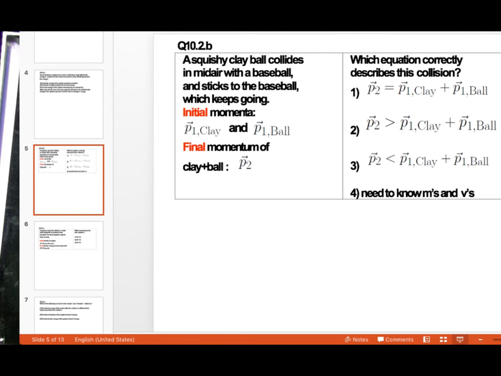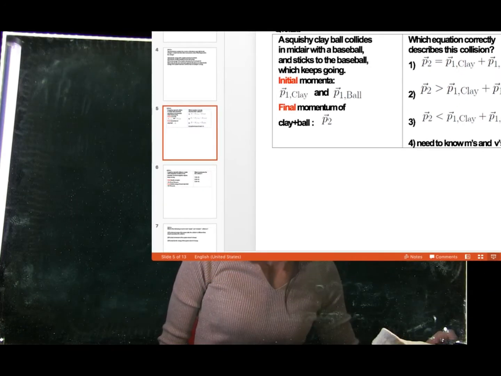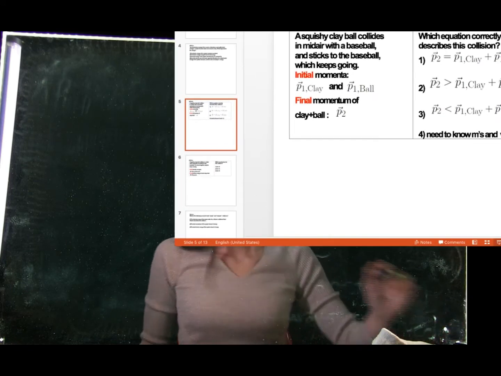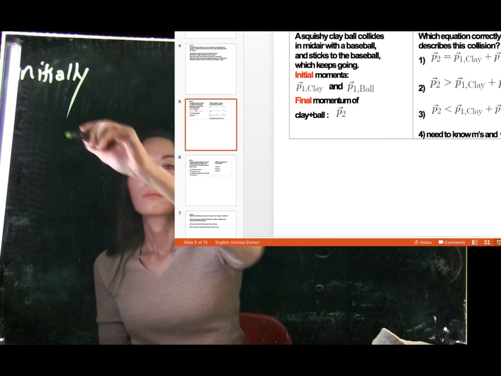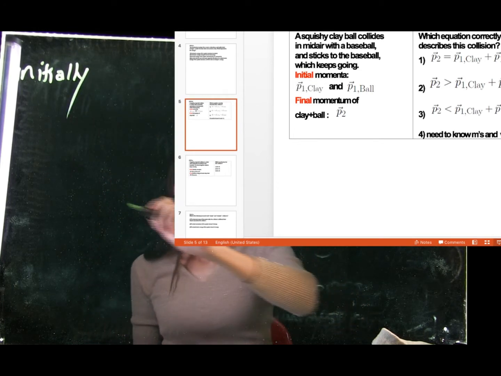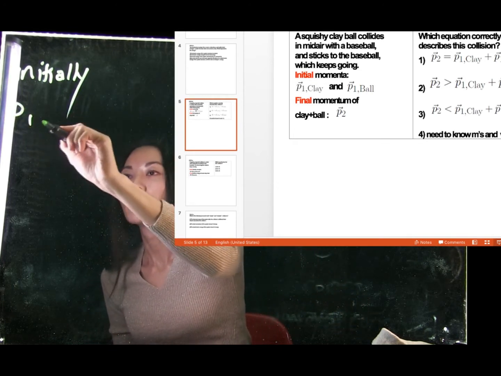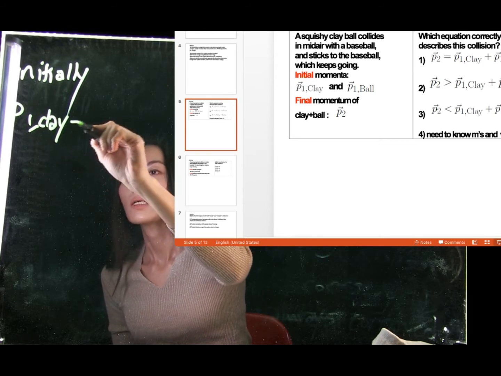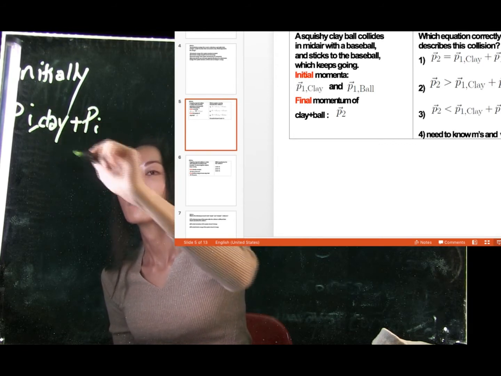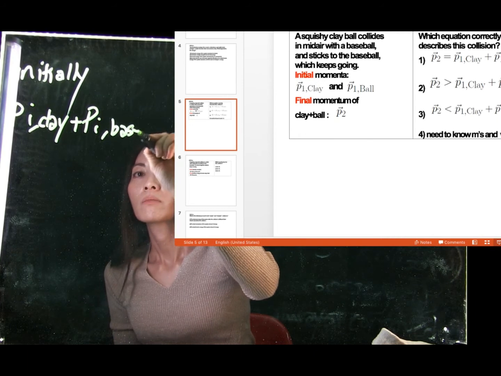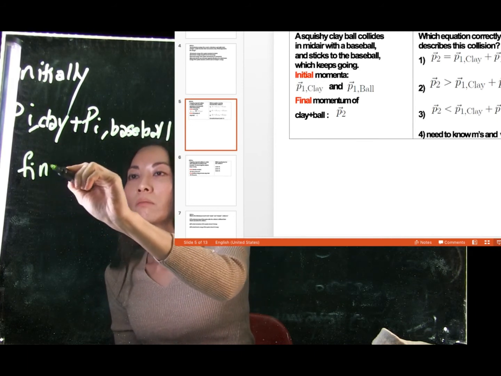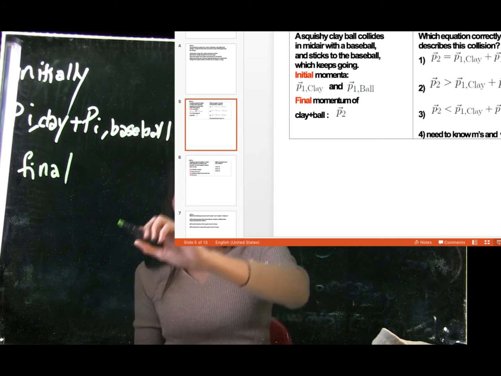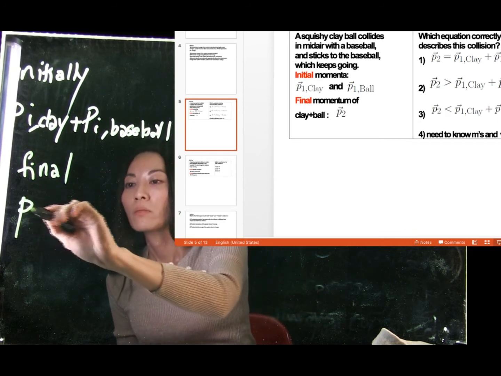We can write, based on momentum conservation during collision, that initially we have the momentum of the clay ball and the initial momentum of the baseball. And in the final state, we have the total momentum of both.